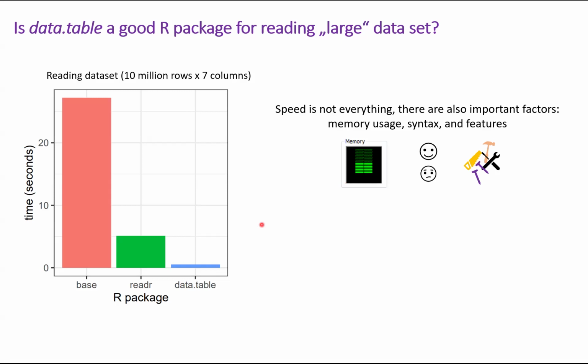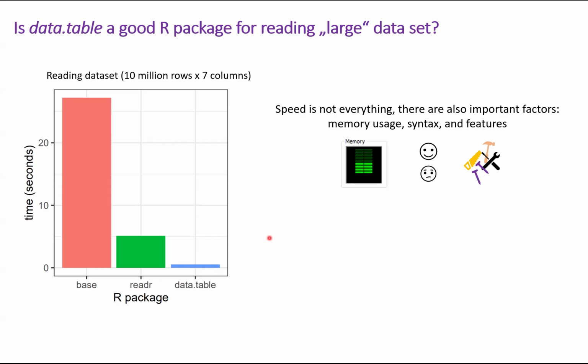With the traditional function of the base package in R, it takes around 27 seconds. With the function of the readr package, it takes around 5 seconds, relatively fast. But with data.table, it's even faster, just around 1 second.